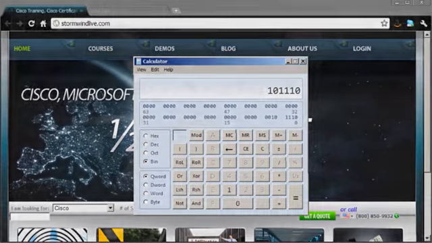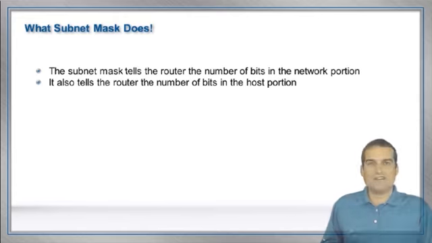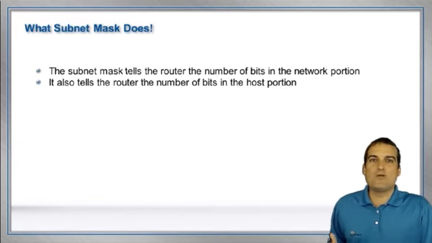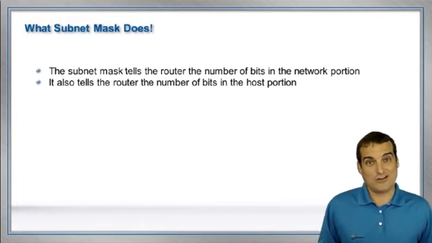Once we have this mastered, we realize that the subnet mask is the actual structure that is going to tell us how many of the bits identify the network and how many of the bits identify the host. We already talked about this a little bit earlier, didn't we? When we were saying that an IP address is hierarchical.